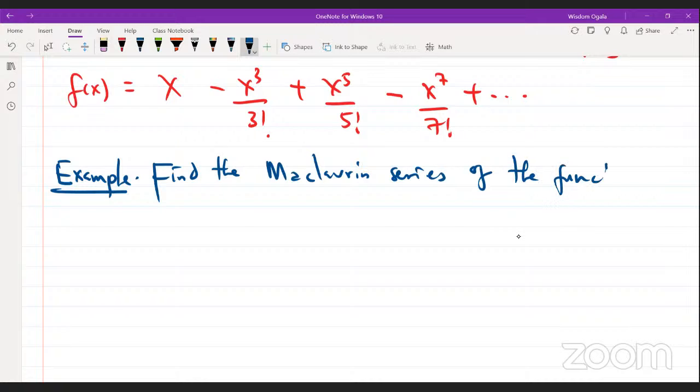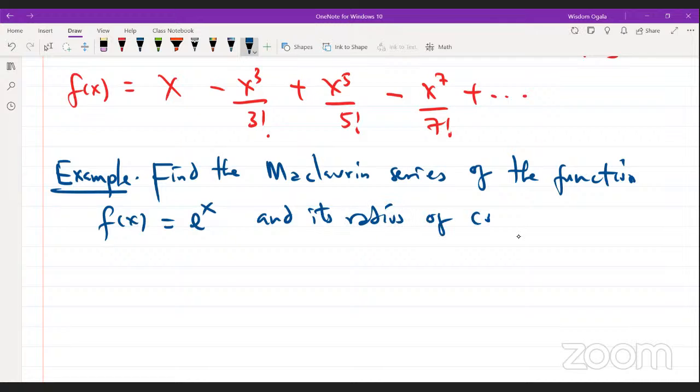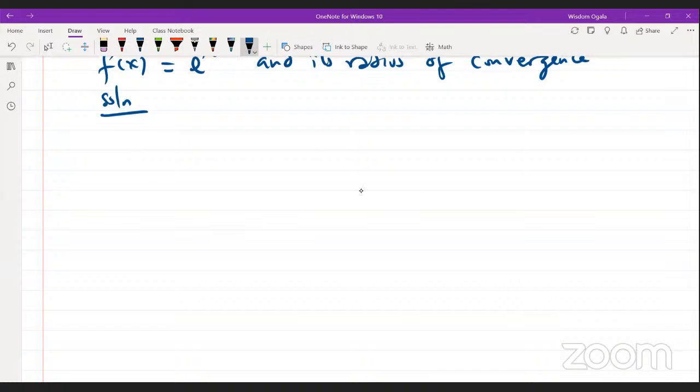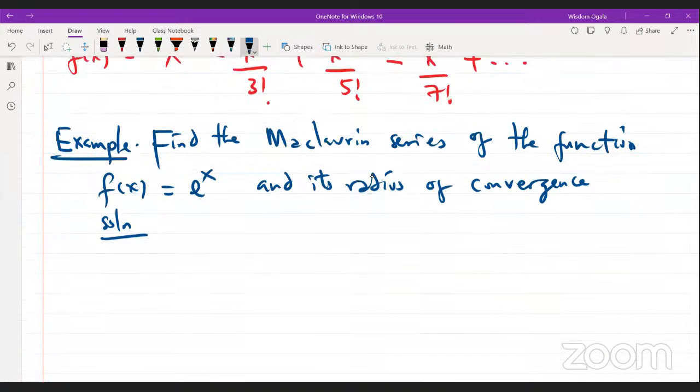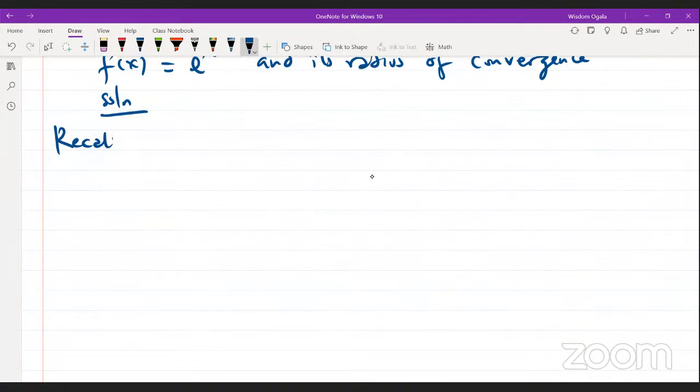For the function, let's pick the exponential function, and its radius of convergence. That's where we're stepping it higher a little bit. Solution: where do you start from? We're working with Maclaurin series, so I need to recall the formula for the Maclaurin series.